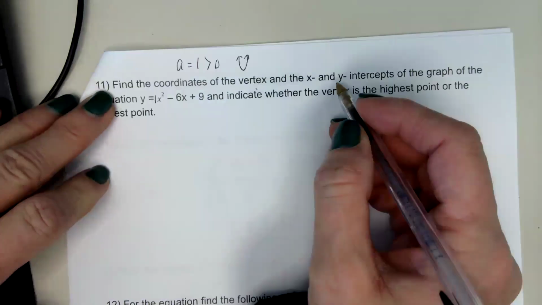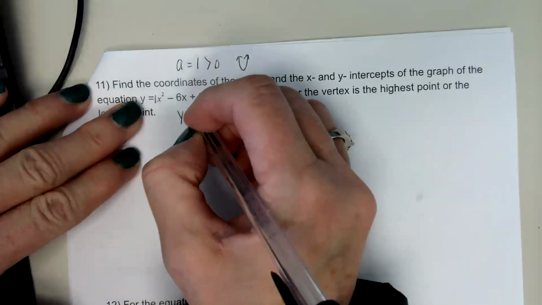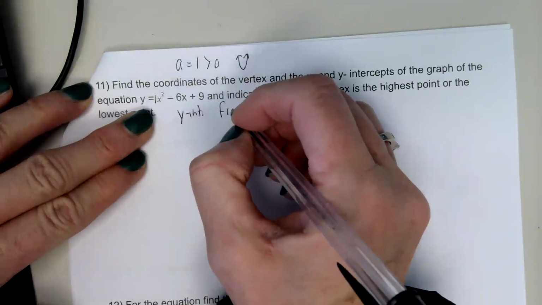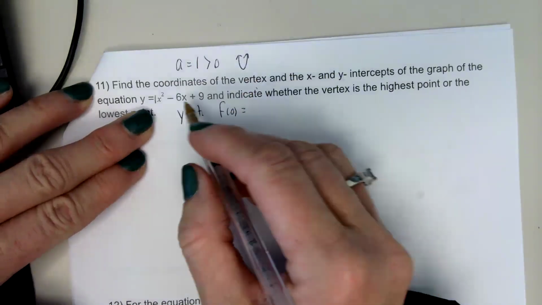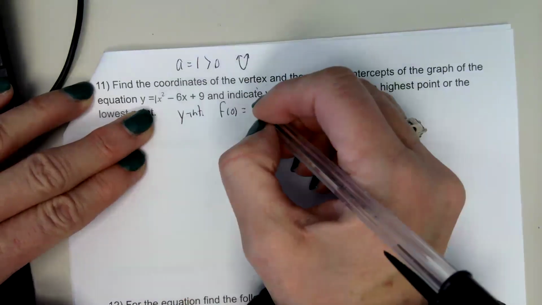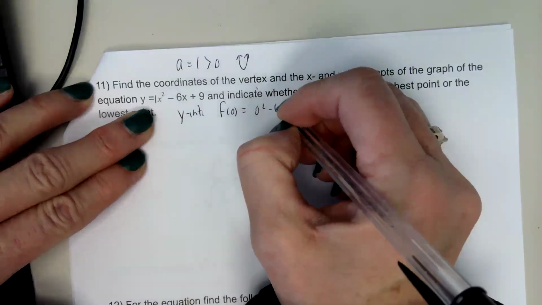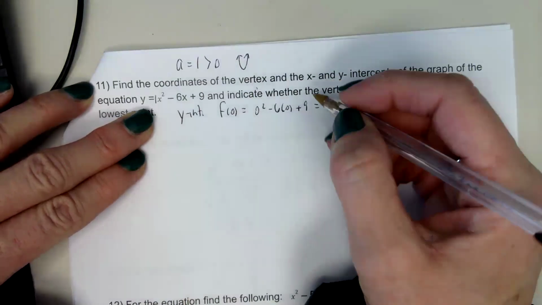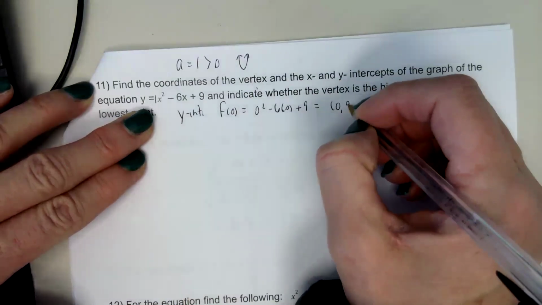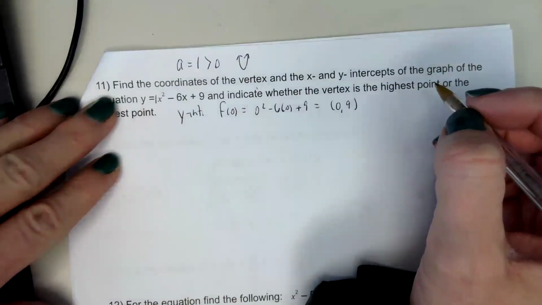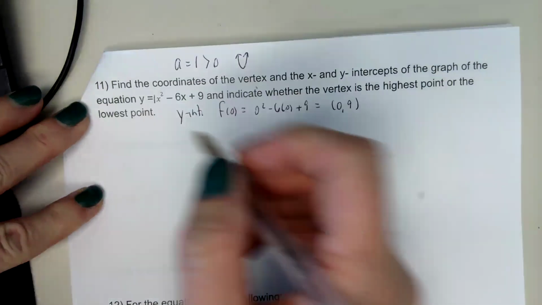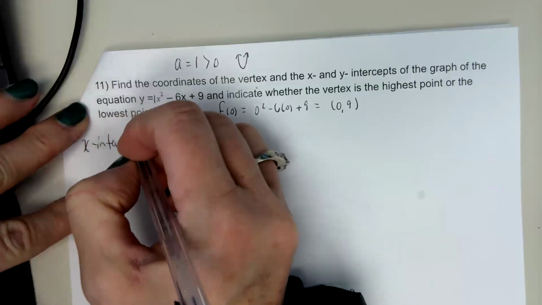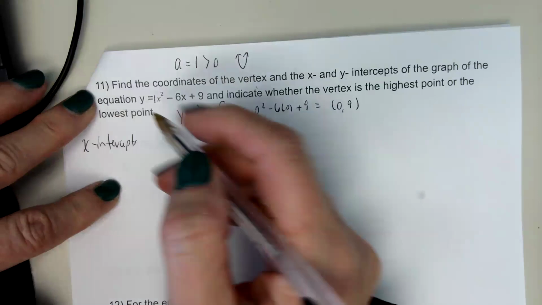And then I'm going to find my y-intercept first, because my y-intercept is always when x equals 0. So when x equals 0, I have 0 squared minus 6 times 0 plus 9. Those two terms go away, and I end up with 9. Then my x-intercepts, if I can factor, that's my first choice.